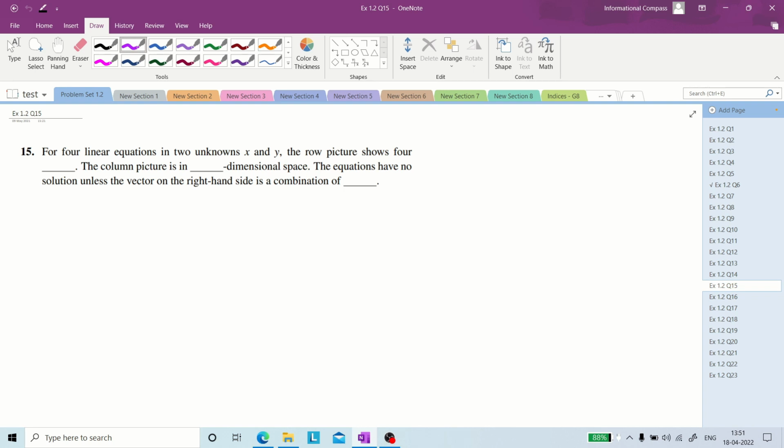So here we'll first understand these four linear equations. We'll first form these four linear equations. So the solution starts for four linear equations in two unknowns, x and y.